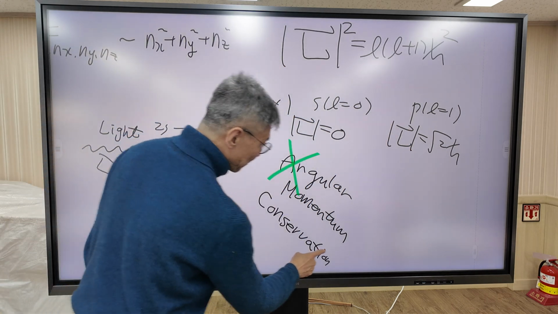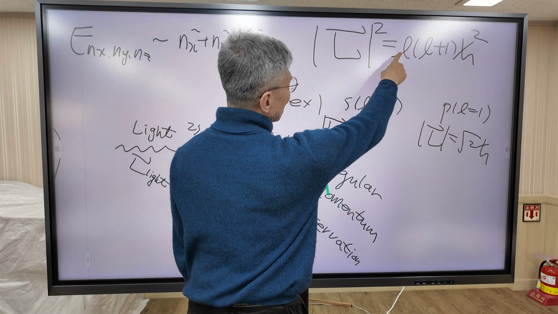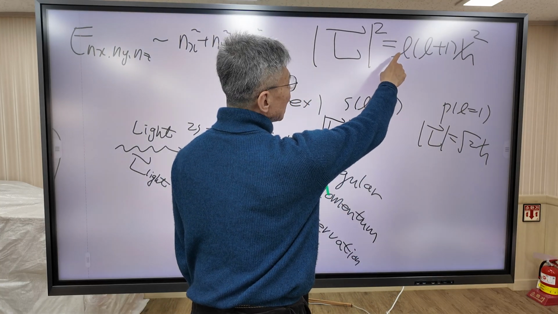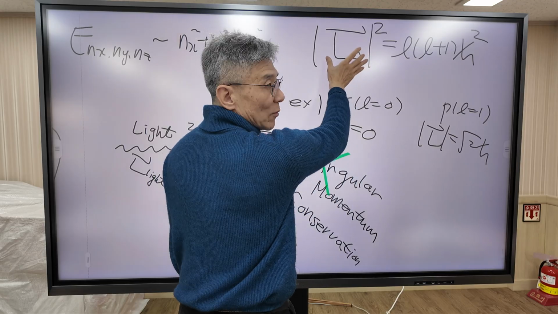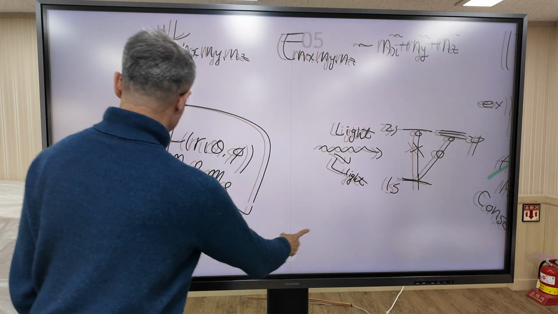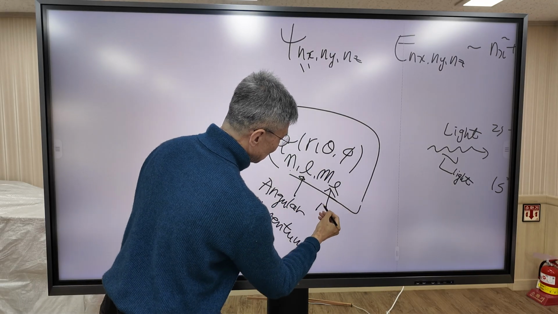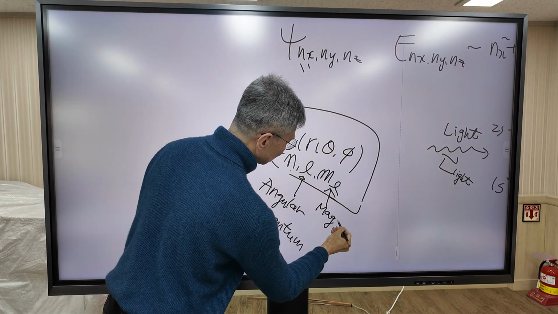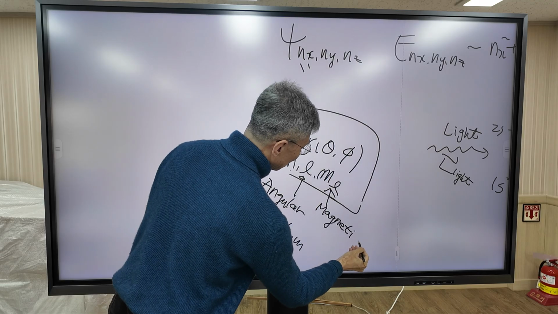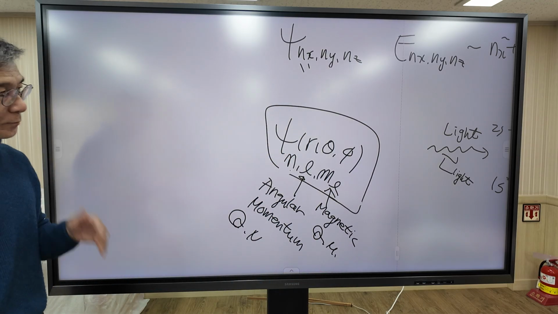So anyway, the L quantum number: once you know the L quantum number, you can calculate the magnitude of the angular momentum vector. Now, the third quantum number is called the magnetic quantum number.